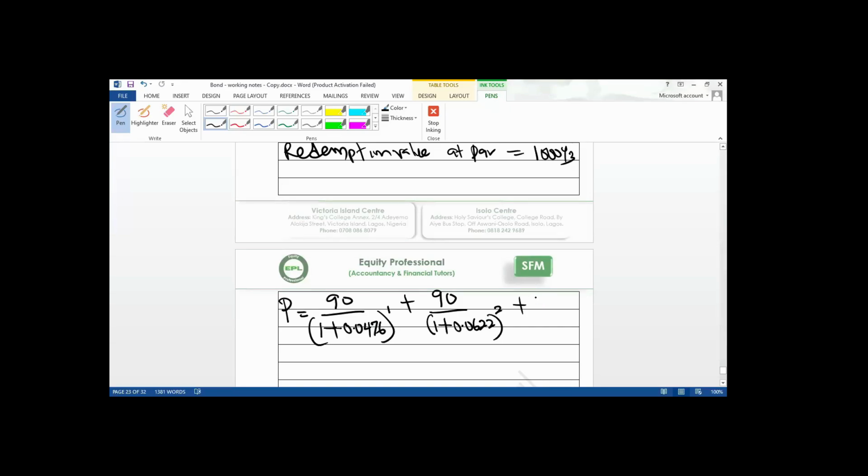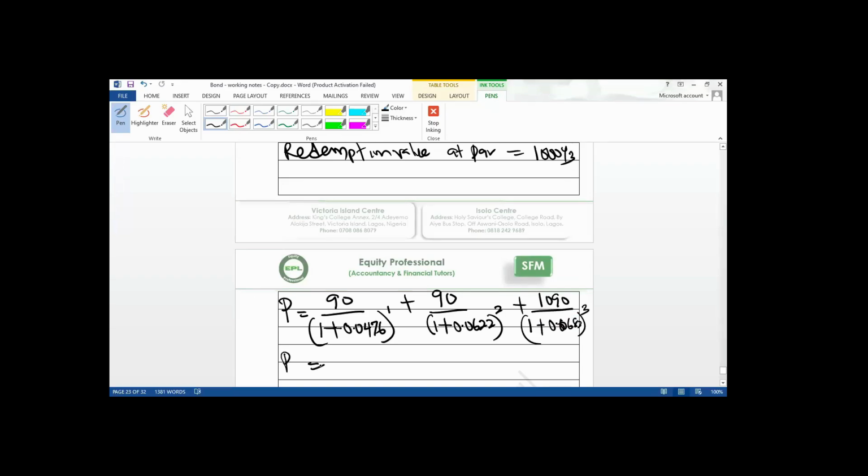Plus cash flow in year 3, annual interest plus the redemption value, 1,090, divided by 1 plus rate in year 3, 0.0682 raised to power 3.